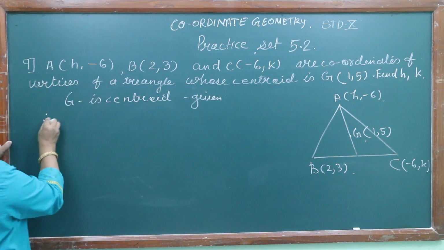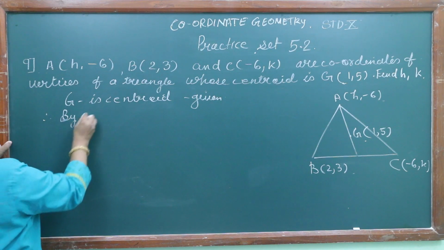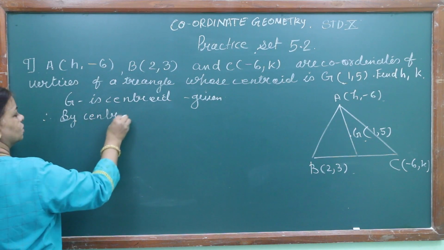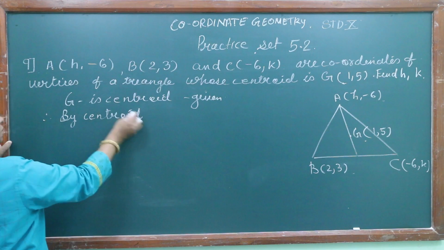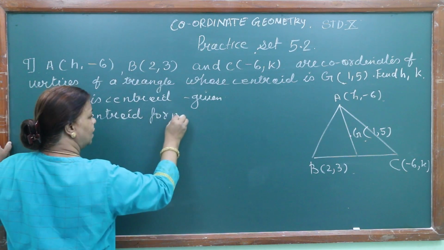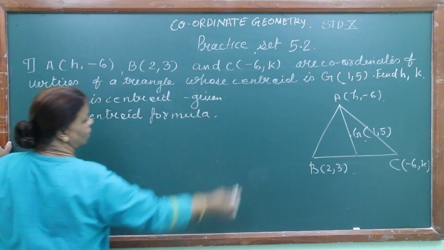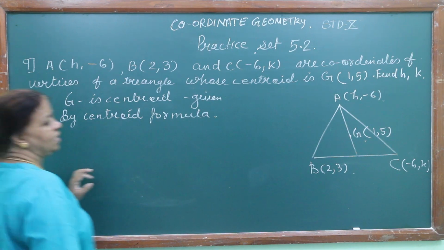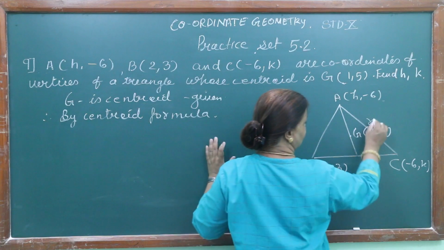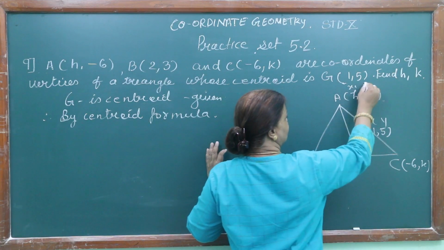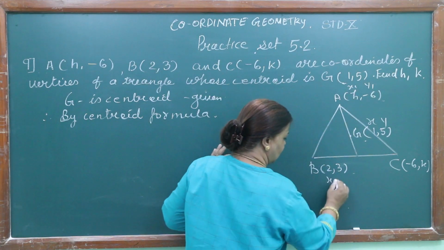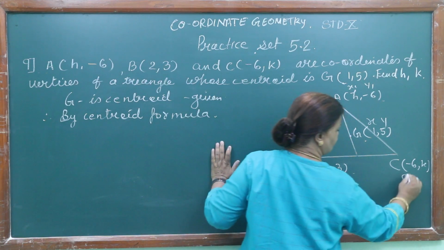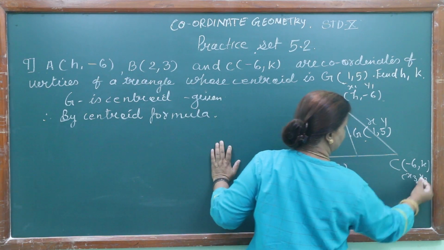Therefore, by the centroid formula, let me take this as xy. This is x1, y1, x2, y2, x3, y3.